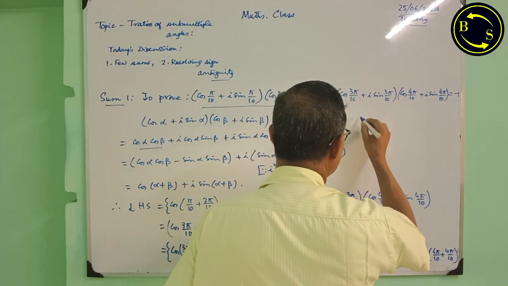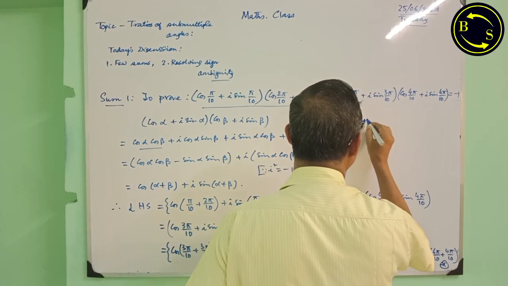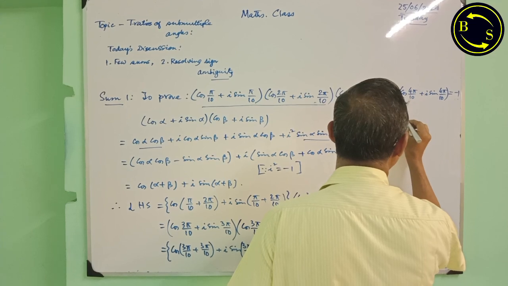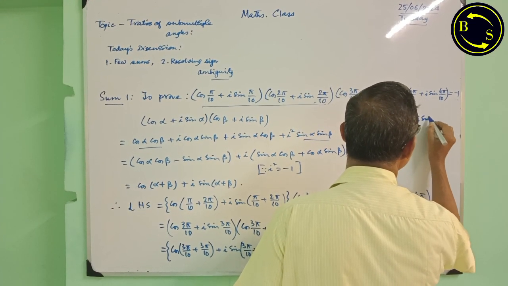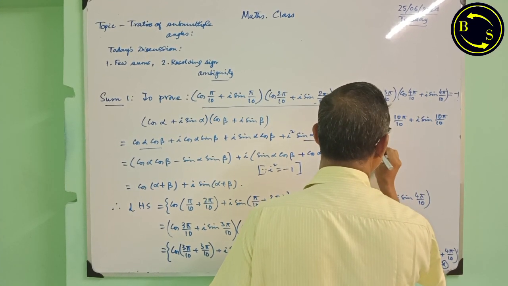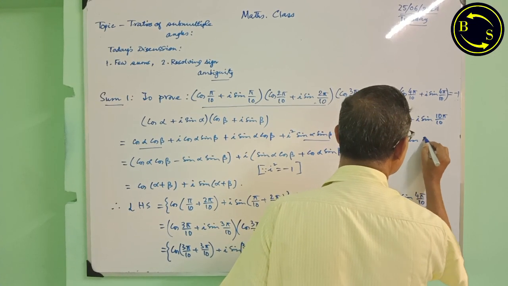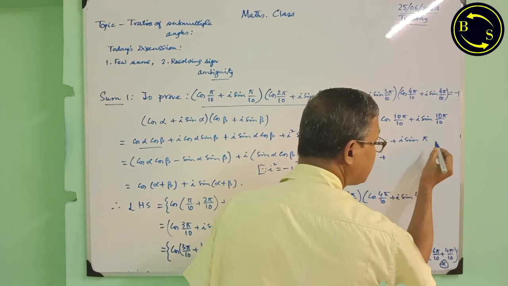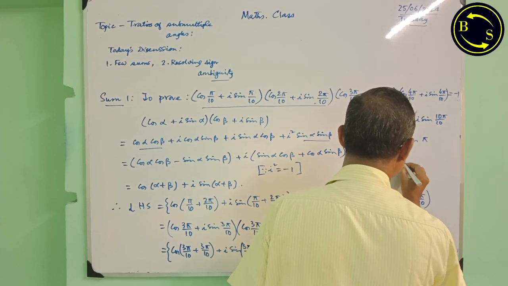On simplification, this one will be cos 10 pi by 10 plus I sin 10 pi by 10 means cos pi plus I sin pi. Now cos pi is minus 1 and sin pi is 0. Therefore, I into 0.